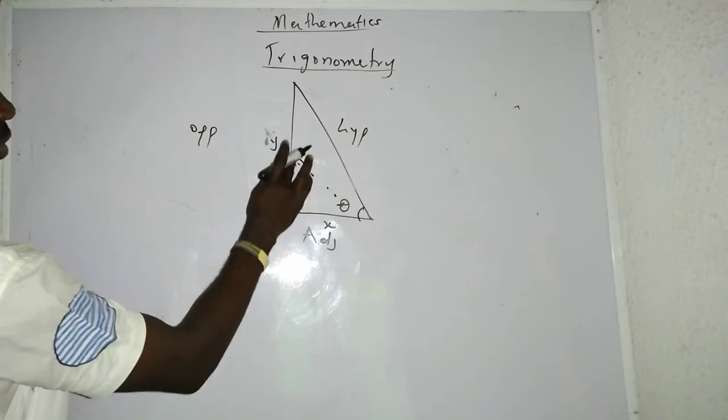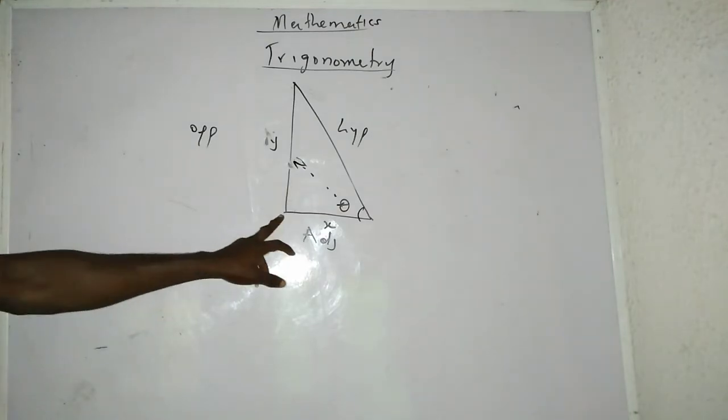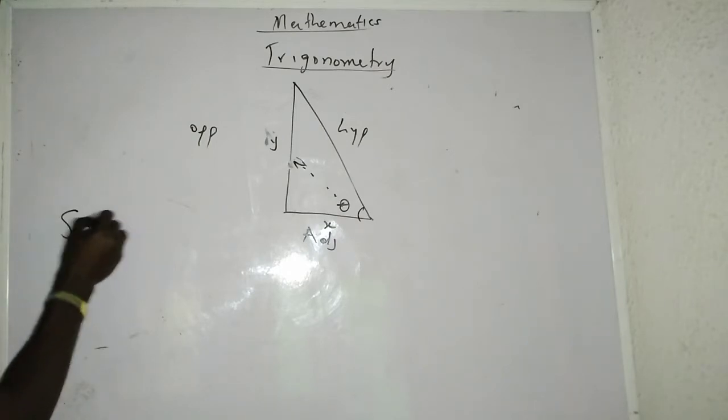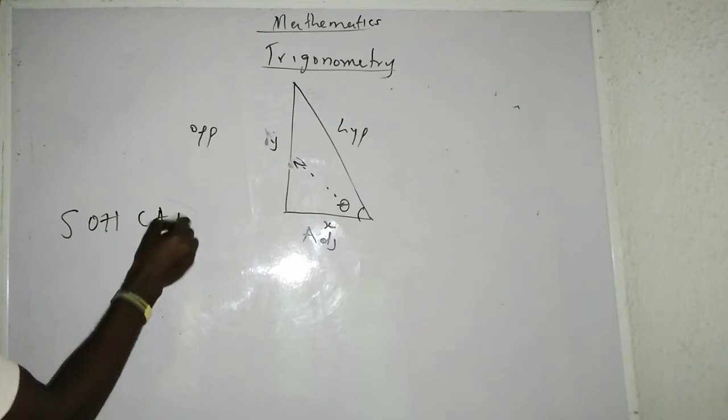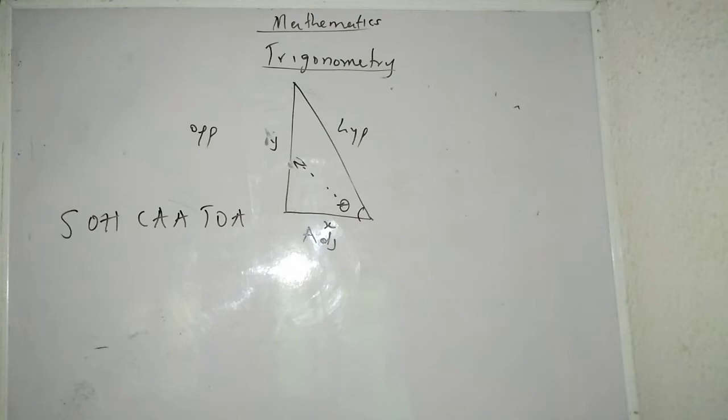Where it faces the angle is known as opposite, while the other side is adjacent. Now, we cannot bring up what is called SOH-CAH-TOA.